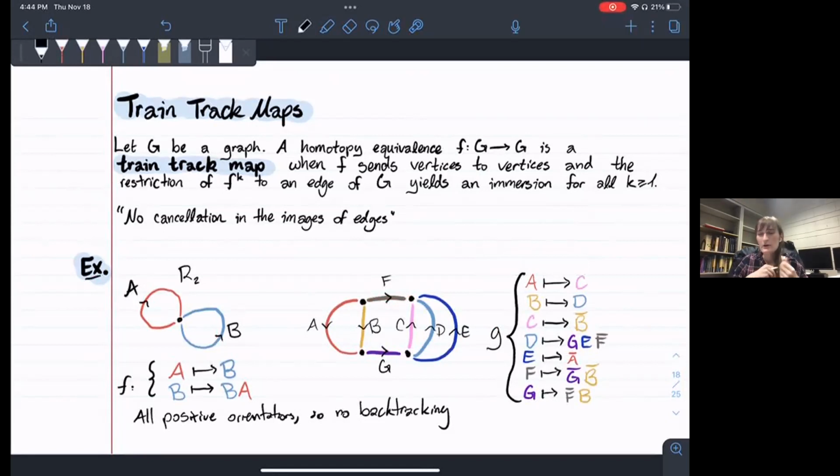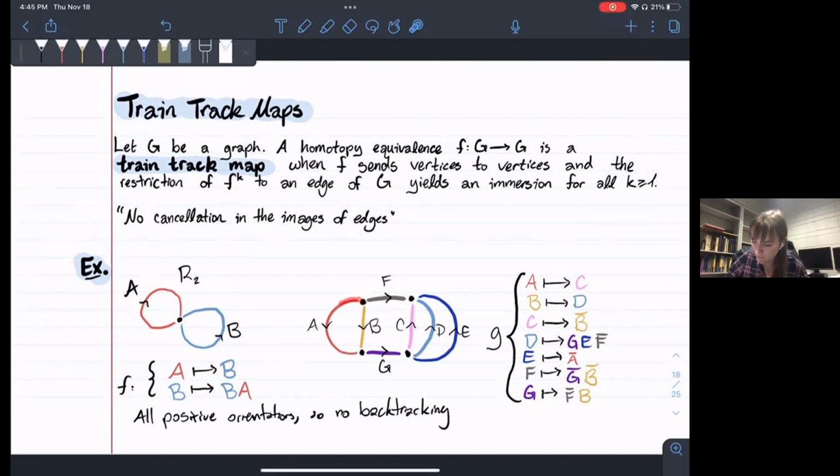So it turns out there's a finite dynamical system that you can attach to this map that allows you to check that what you have is a train track map. In the interest of time, I guess I won't go through that check. It's not so bad. Basically what it does is you look at pairs of edges with the same initial vertex, and you define a map on the set of those things.